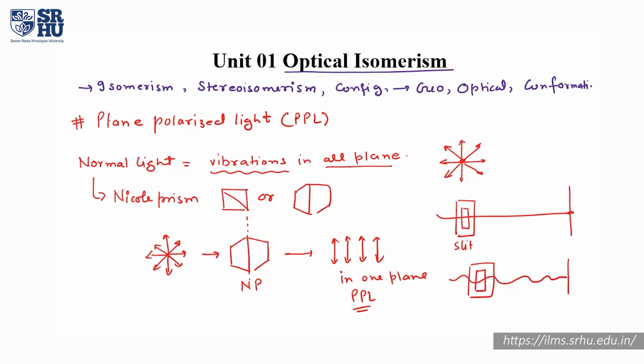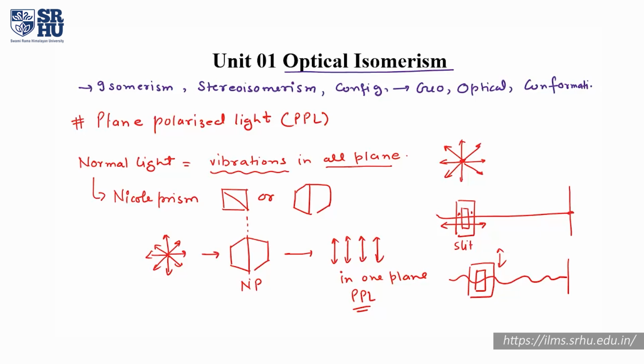The vibration will be only vertical. If you try to vibrate it in the horizontal direction, these vibrations cannot happen. They get cancelled because the vibrating rope will directly hit the surface. Only those vibrations which are parallel to the vertical slit will pass.